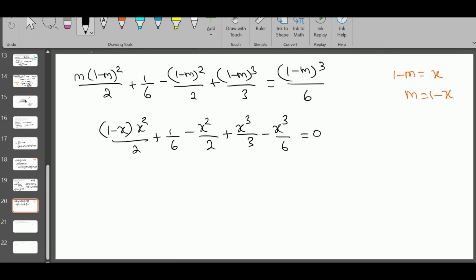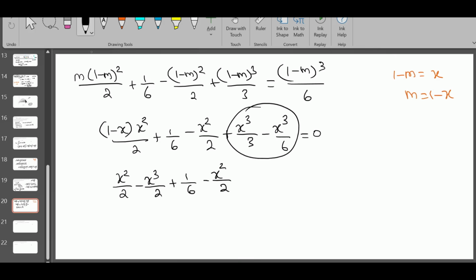Okay, open the bracket here, you'll get x square over 2 minus x cube over 2. Simplify this: you multiply by 2, you'll get the same denominator. 2x cube minus x cube is just x cube over 6.